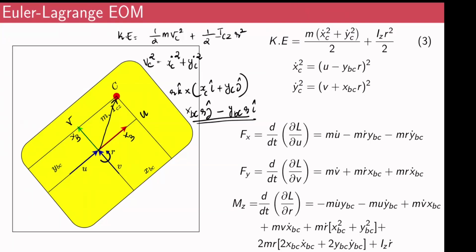So the total velocity along the xb axis, xbc dot, is u minus ybc r. And similarly, ybc dot is v plus xbc r, along j cap.